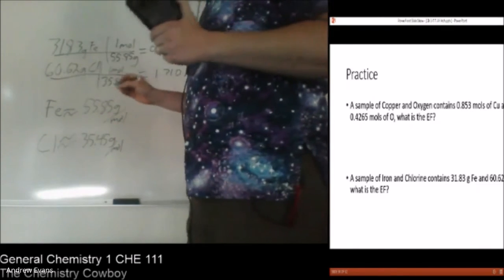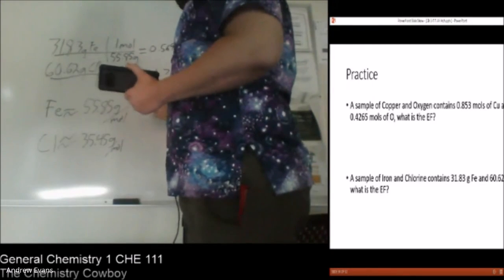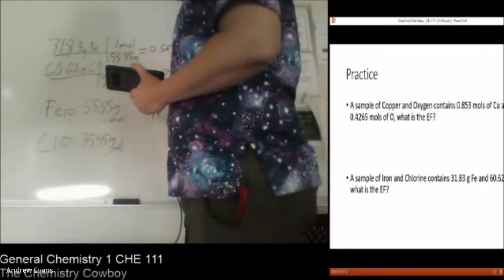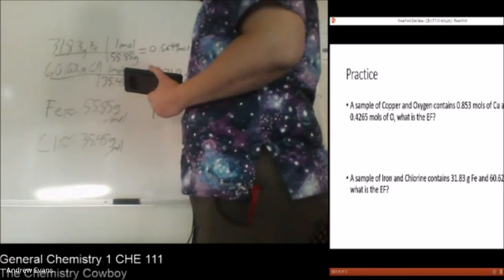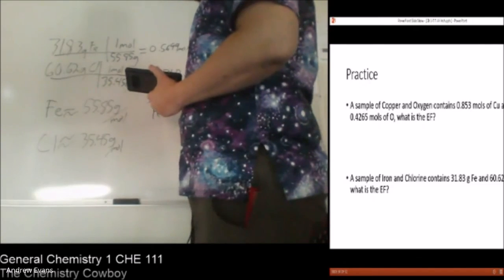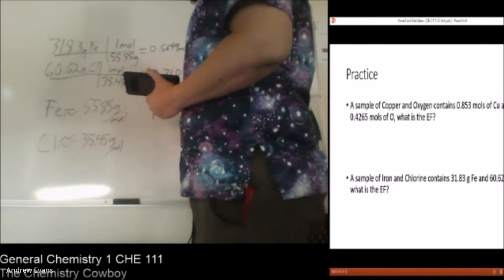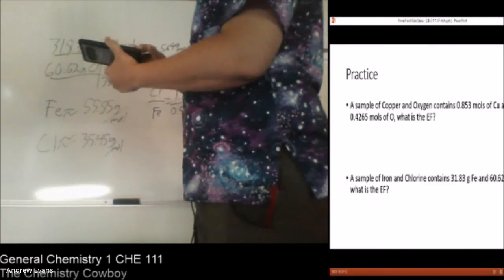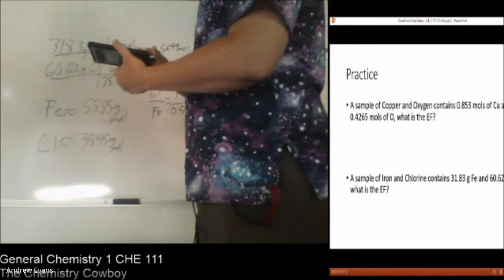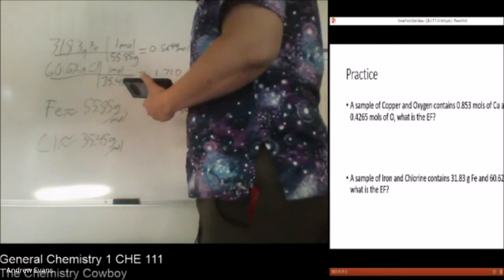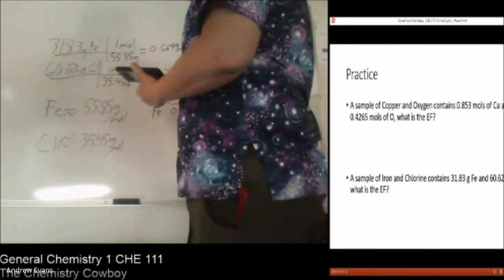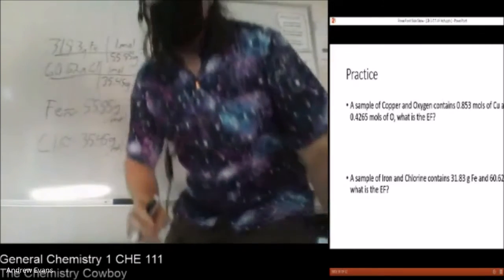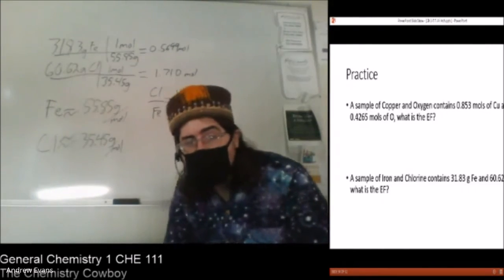Now, to find the simplest whole number ratio, we always want to divide by the little one. So for chlorine to iron, we say 1.710 divided by 0.5699, and we get approximately 3.001. For all intents and purposes, we get 3.